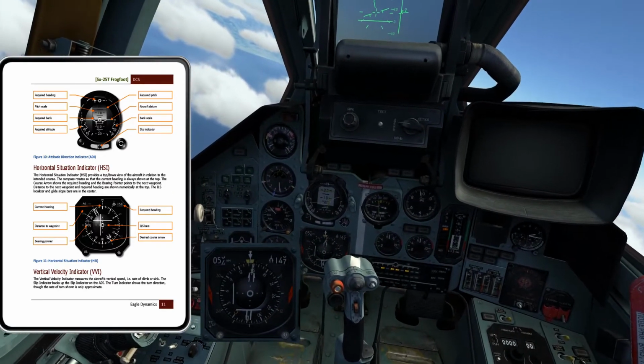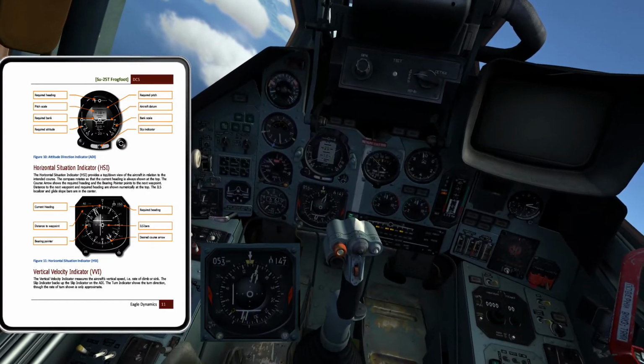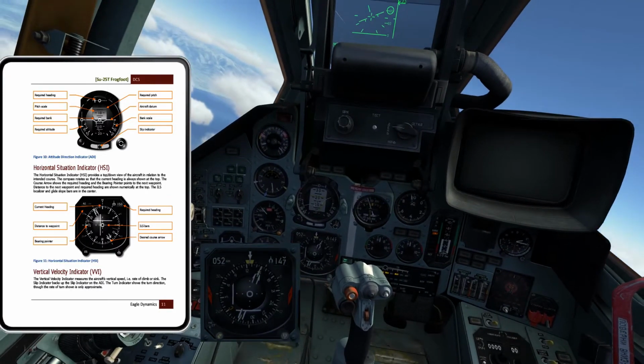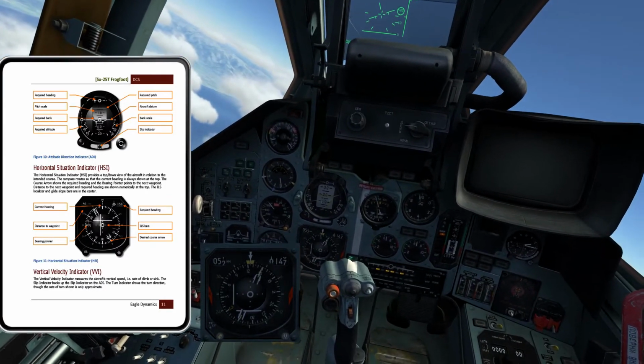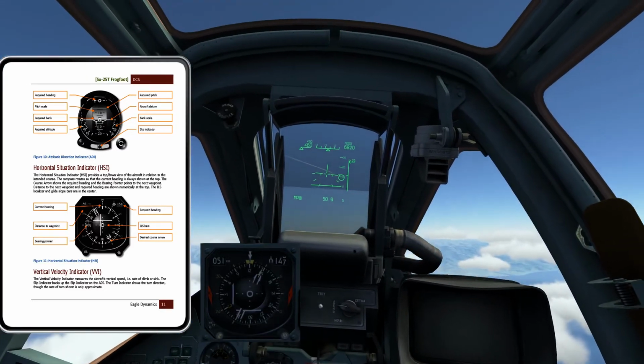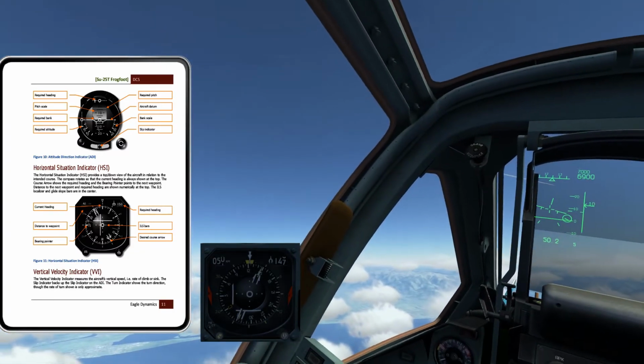So it's a compass, basically. It's always a compass. As you can tell, we're now flying at 120 degrees. So it's pretty simple, a compass.